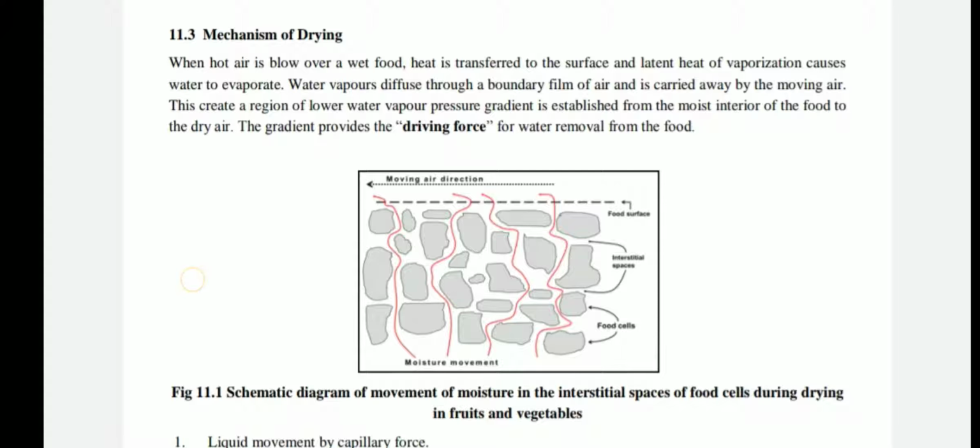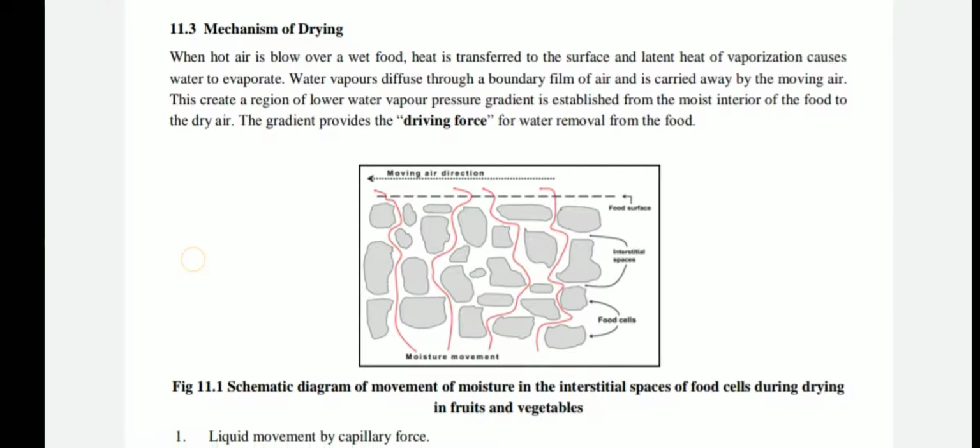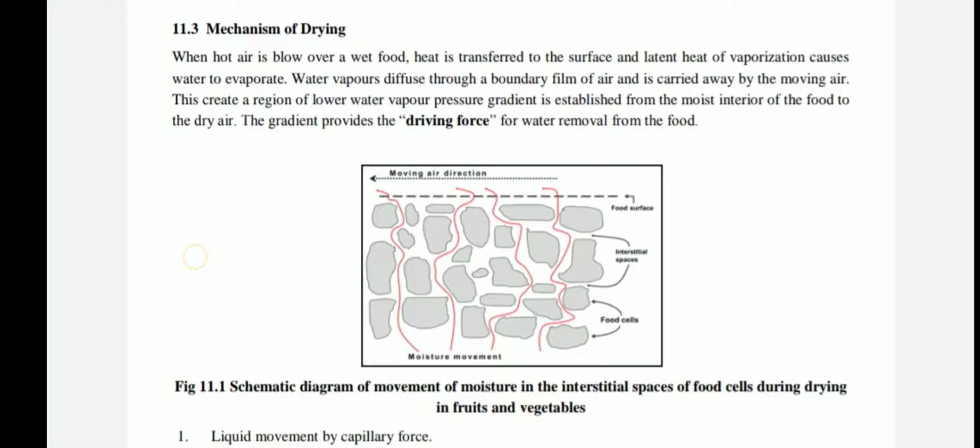This creates a region of lower water vapor pressure, and a gradient is established from the moist interior of the food to the dry air. The gradient provides the driving force for water removal from the food.